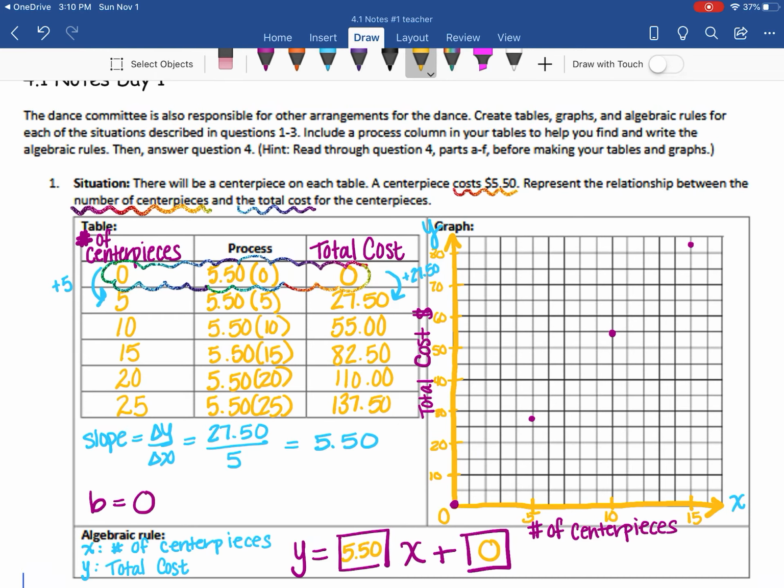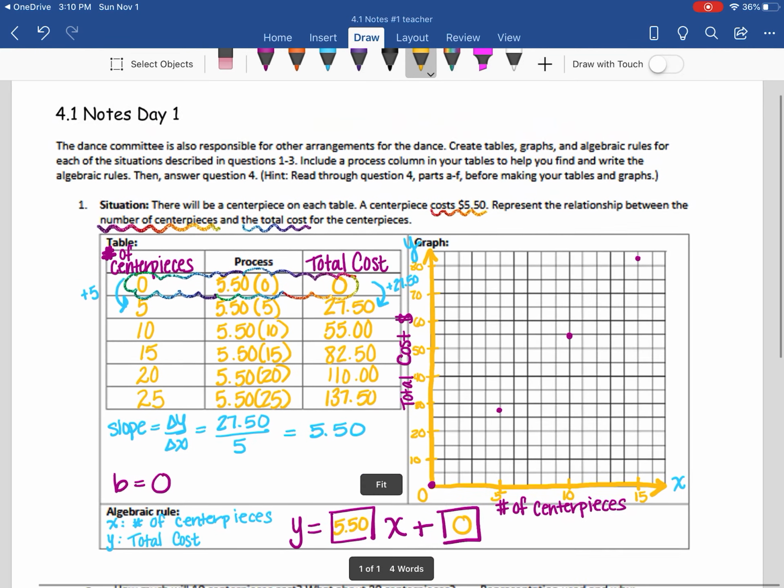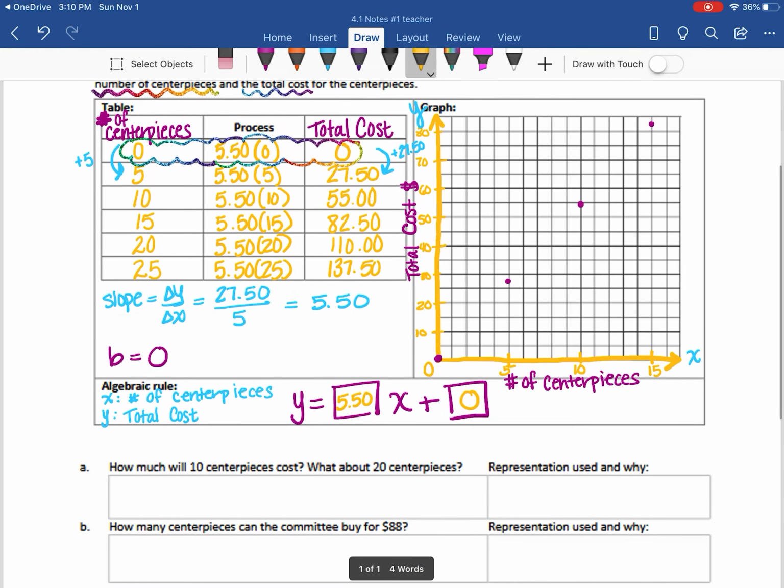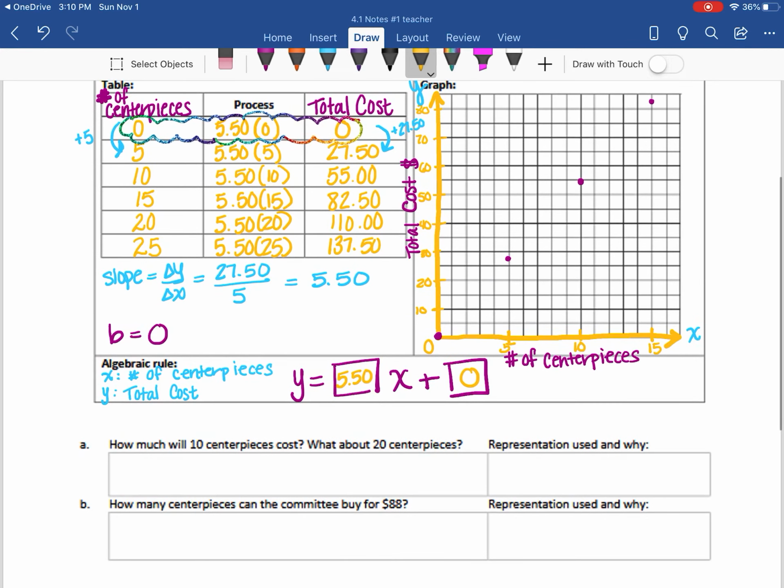Okay, so now that we have these 3 different representations, we have the table, we have the graph, we have the rule, we're going to answer some follow-up questions. So I'm going to shrink this back down a little bit. Okay, so we have 2 things that we're being asked. So question A is asking us, how much will 10 centerpieces cost?